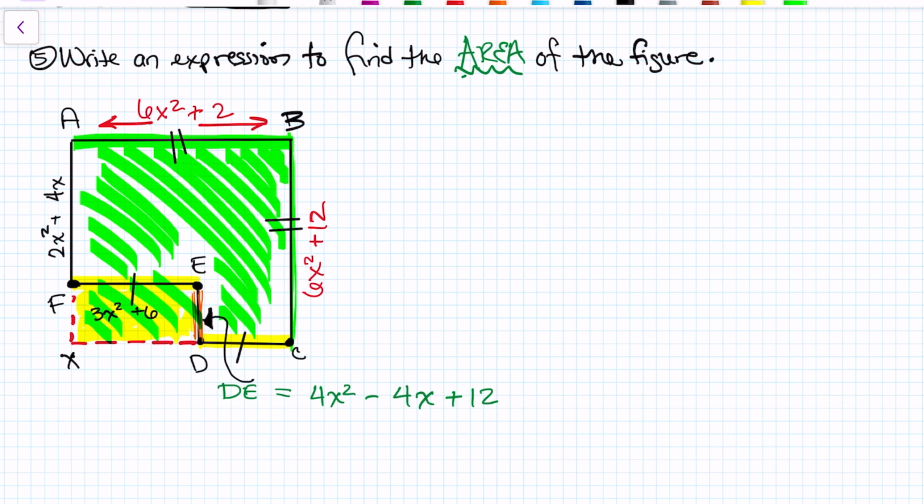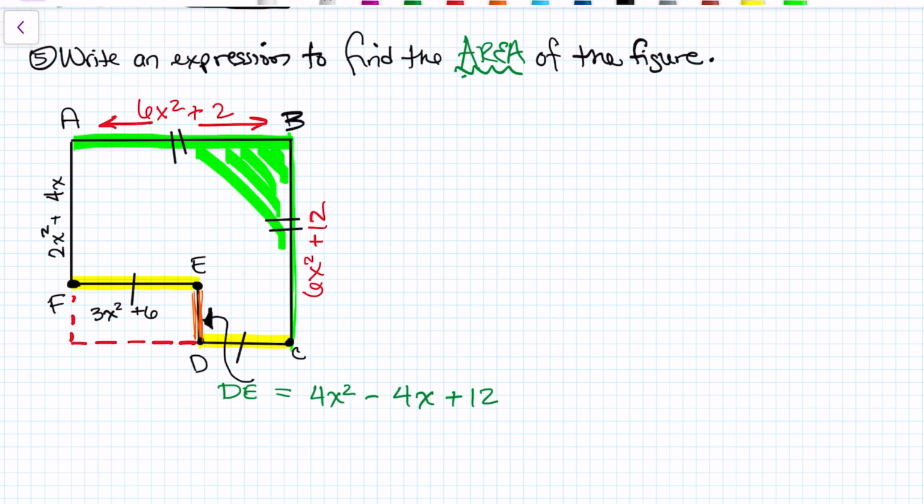I think there's actually an easier way, given how complicated the expression for DE is down here. I think it's actually going to turn out to be easier if we break this into two pieces and we find two different rectangles and add them together.